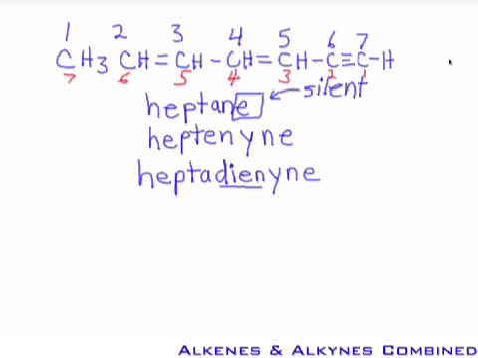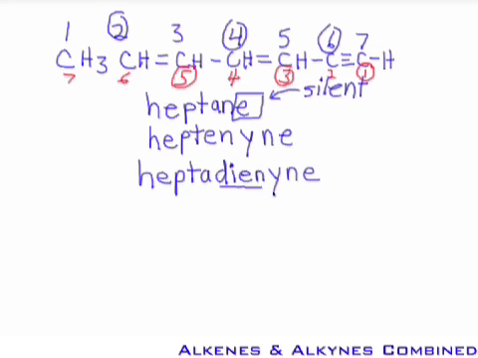So what we have to do is compare. We have to compare a 1, 3, 5 numbering system to the 2, 4, 6. Well, what pattern is lower? What pattern is lower is the red pattern, 1, 3, 5. Now, you must assign the proper numbers to the enes.